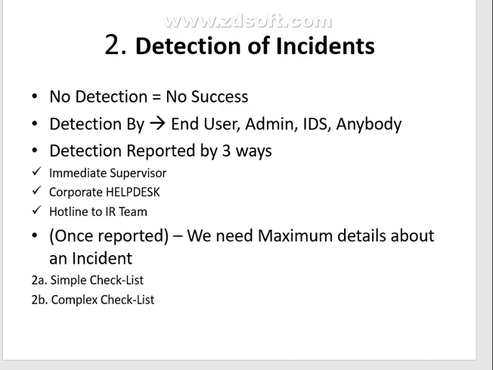So, basically we are saying, once an incident is reported, as an investigator, we need maximum details about an incident. And in order for us to collect those details, you can either use a simple checklist or a complex checklist.